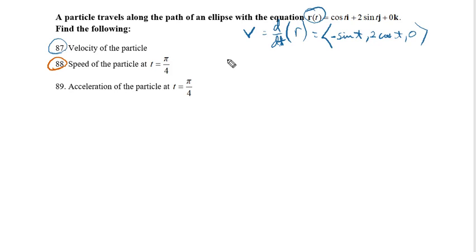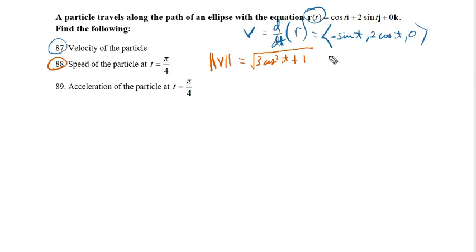To find the speed, we need to do the magnitude of the velocity. Well, we can do this easily enough on our calculator, which I've already done. The derivative of r is this. To do the magnitude of that, we come out with the square root. This simplifies to the square root of 3 cosine squared t plus 1.